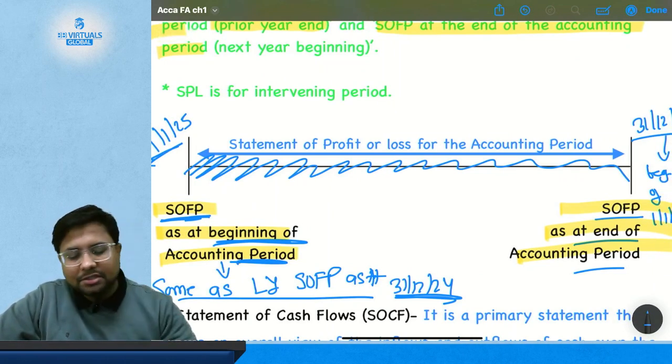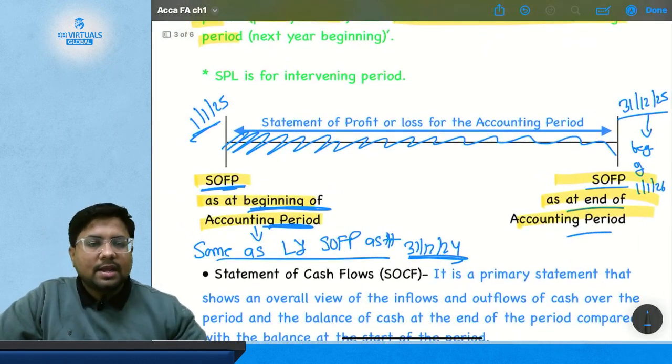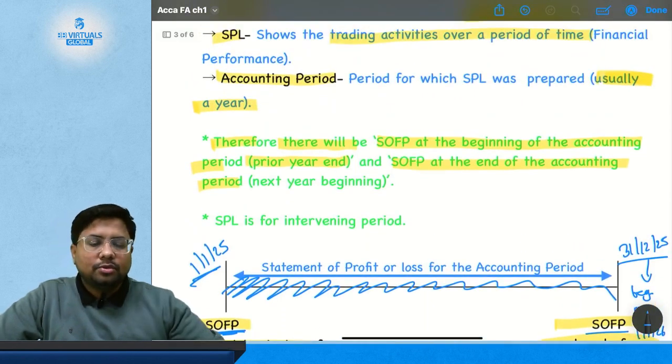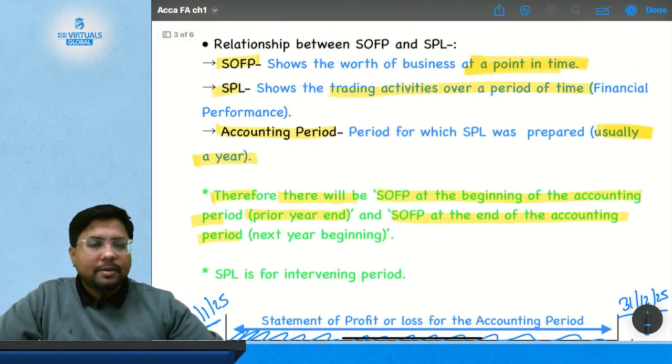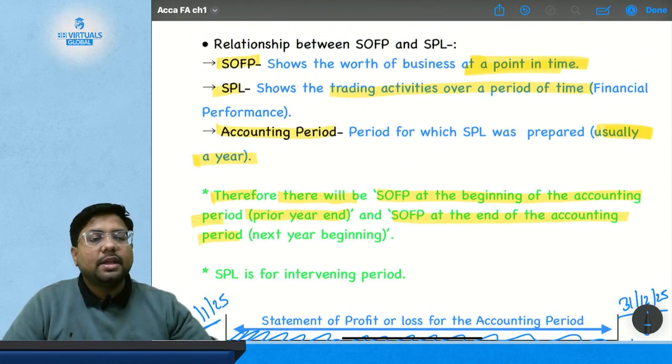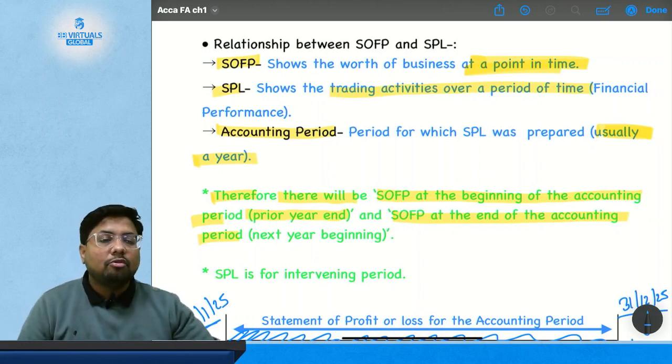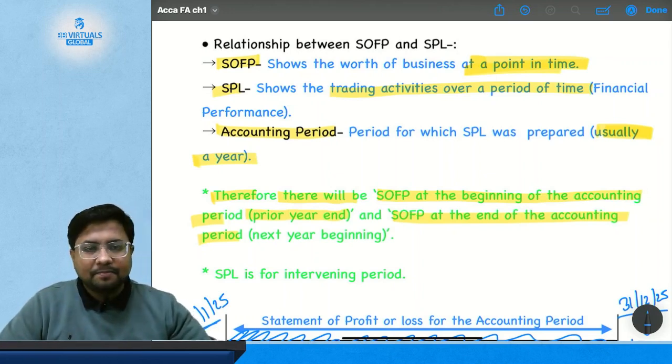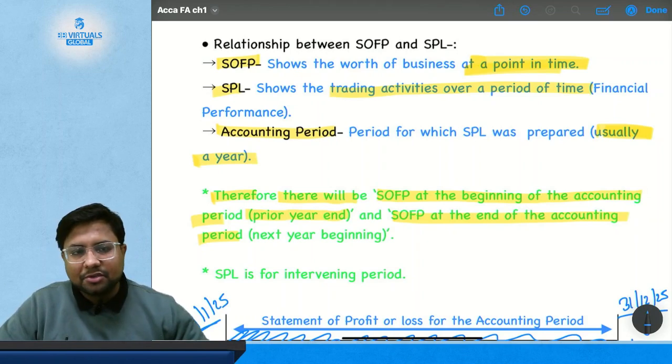So this is the relationship between SOFP and SPL. SOFP will show you the worth of a business at a particular point of time, at a particular date. But SPL, statement of profit or loss, will show you the performance over the period of time. Okay, so this is the relationship between these two topics.